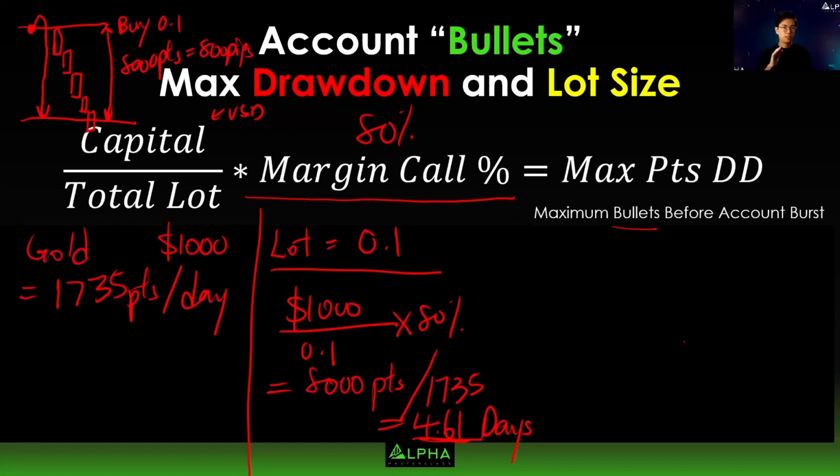For those who have traded gold before, my question is, how likely is it that the gold market moves one-sided, never pulls back, for 8,000 points? Easy or hard? Type in the chat box. One-sided, 8,000 points against you? Easy or hard? Hard.